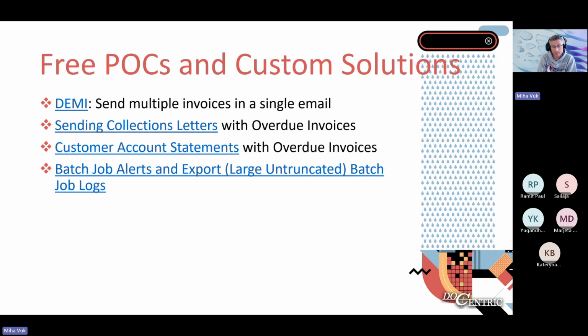Then bad job alerts and export of untruncated bad job logs to Excel, because the info log has a limitation of 10,000 lines and sometimes it is truncated before you see the error.